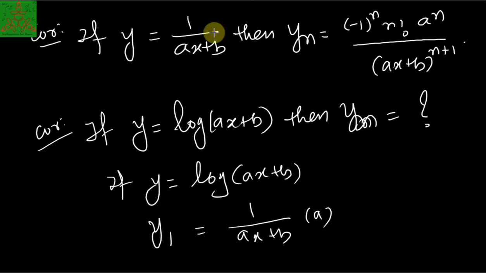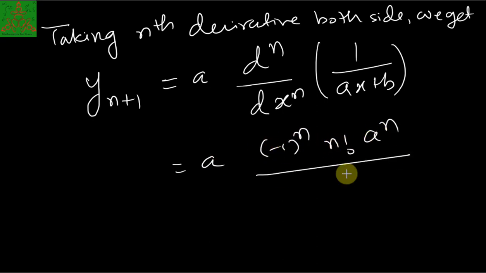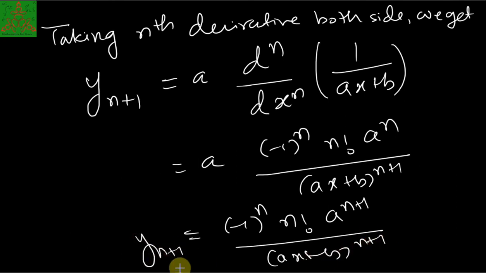The nth derivative of 1 upon (ax plus b) we have calculated like this, so it is a into minus 1 raised to n into n factorial a power n upon (ax plus b) power n plus 1. Simplifying, this is minus 1 raised to n into n factorial a power n plus 1 upon (ax plus b) power n plus 1. This is y n plus 1. So if I want yn, I have to replace n plus 1 by n, or n by n minus 1 in this.